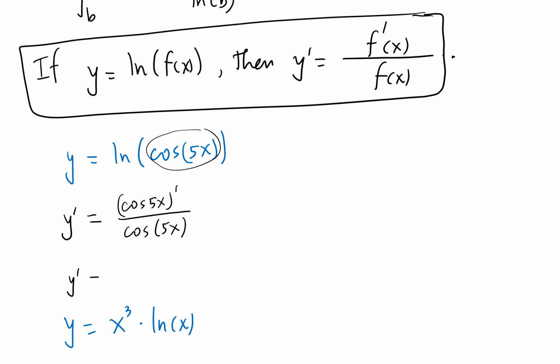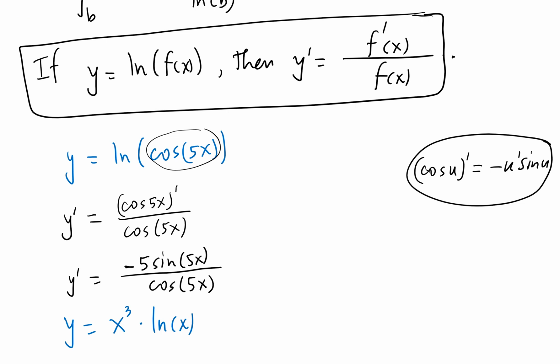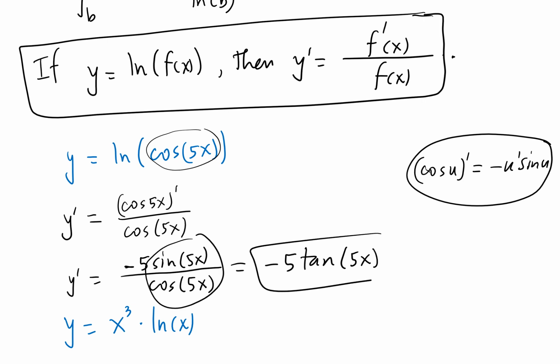The derivative of cosine u, if you forgot, is negative u prime sine u. So it's negative 5 sine 5x, and keep the denominator the same. That would be okay for an answer, but it would be really nice if we can rewrite this as negative 5 tangent of 5x, because sine over cosine is tangent. That would be the best answer.